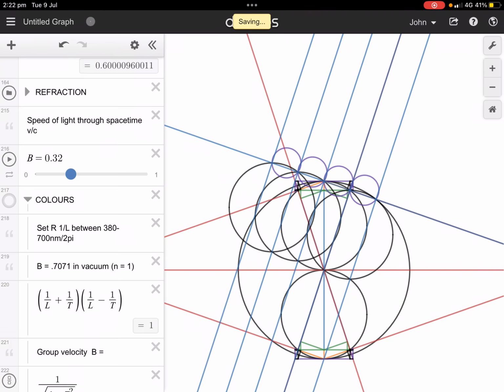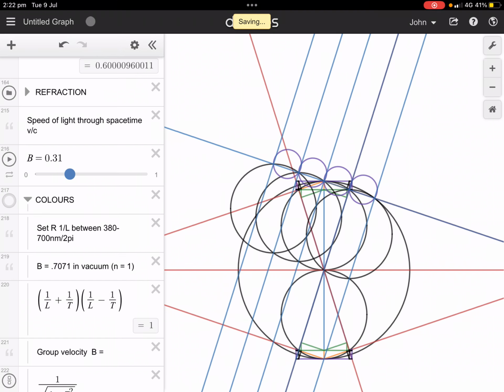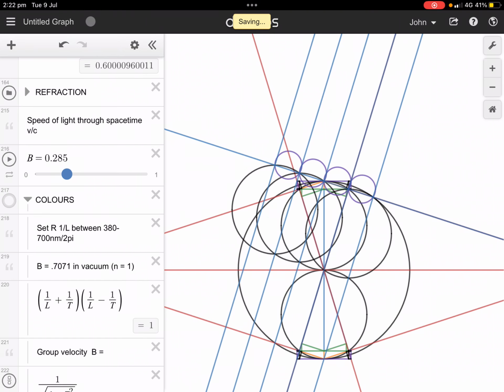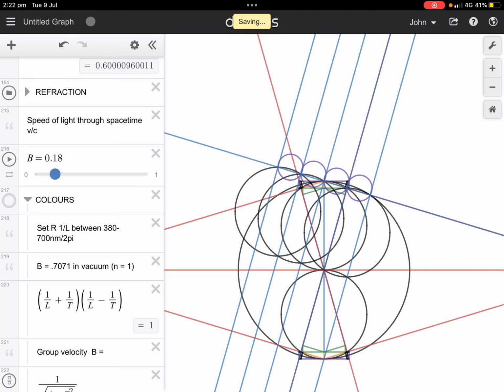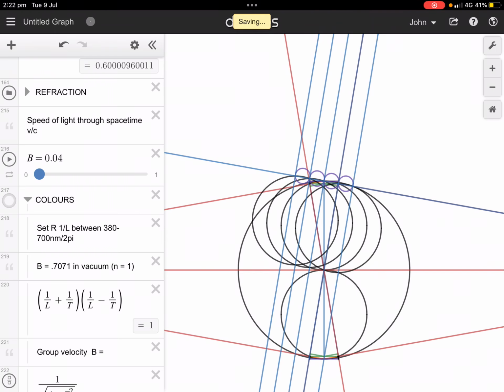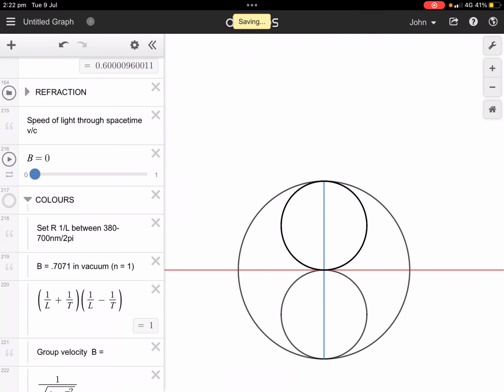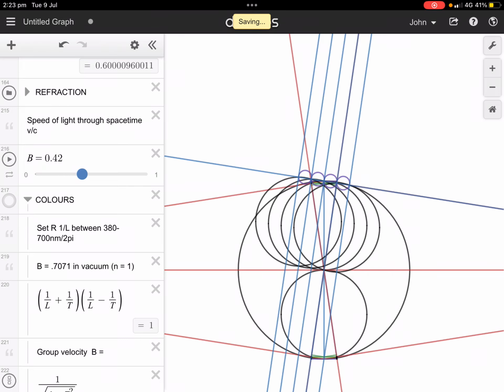Their wavelengths or phase velocities are dropping and dropping, and at this point they're just completely absorbed. So let's come back out.